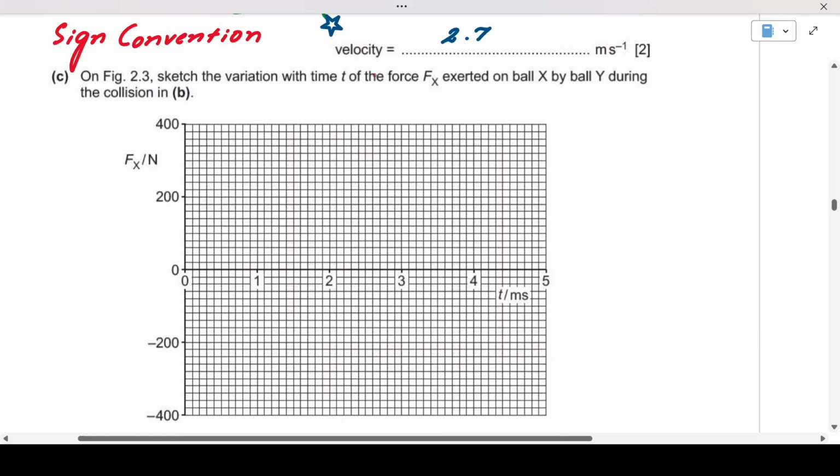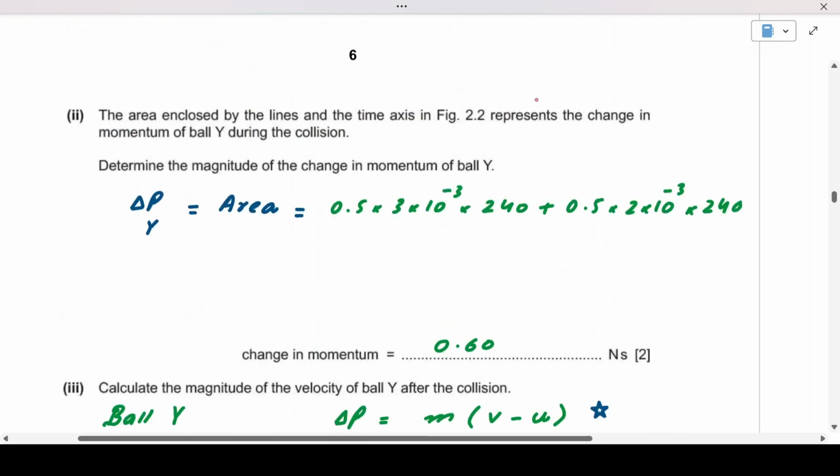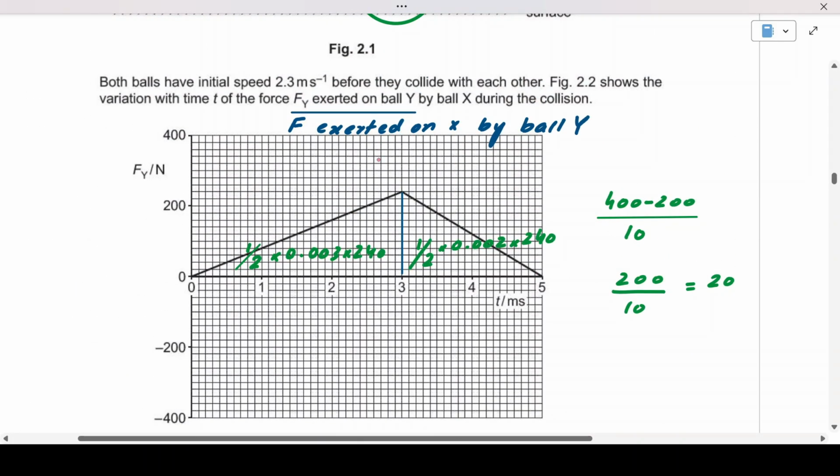Okay, now we need to sketch the force Fx, which is a force exerted on the ball x by the ball y. So what did I say? It should be exactly the same. These two forces should be exactly the same, and opposite means with the reverse sign. So force Fy is positive, Fx should be negative, and the value magnitude should be same.